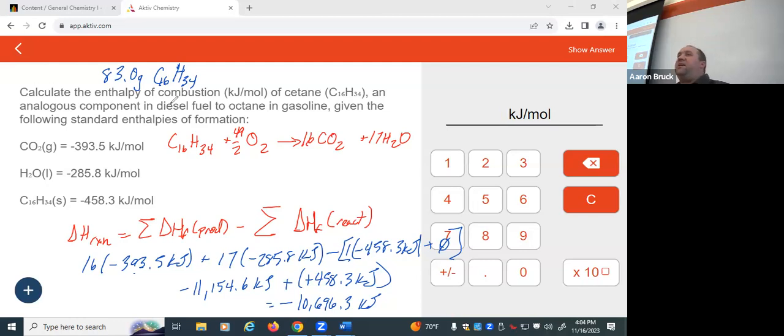Well, the process to convert that to the appropriate amount of energy would be almost identical to the process that we did with the last problem. I would take my cetane, convert it into moles, and then take my moles of cetane and convert it to kilojoules.